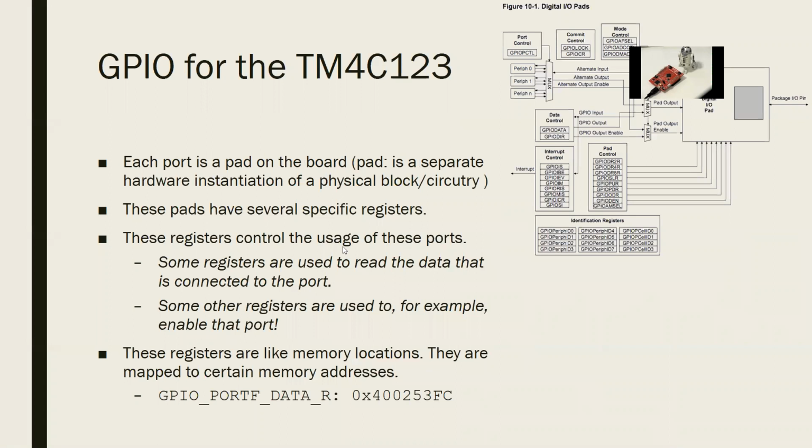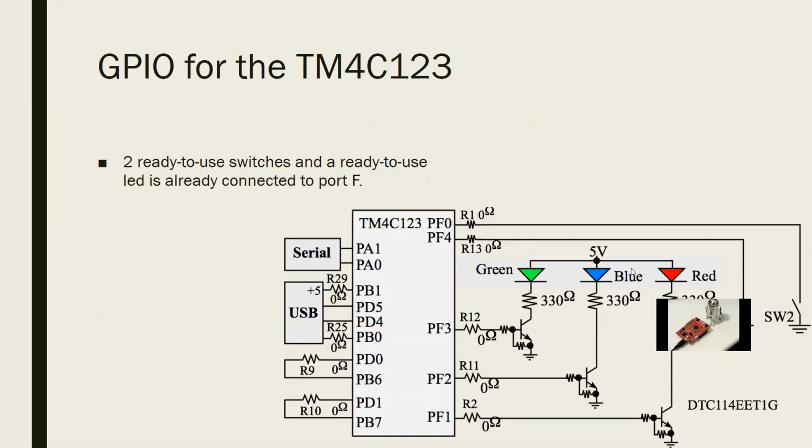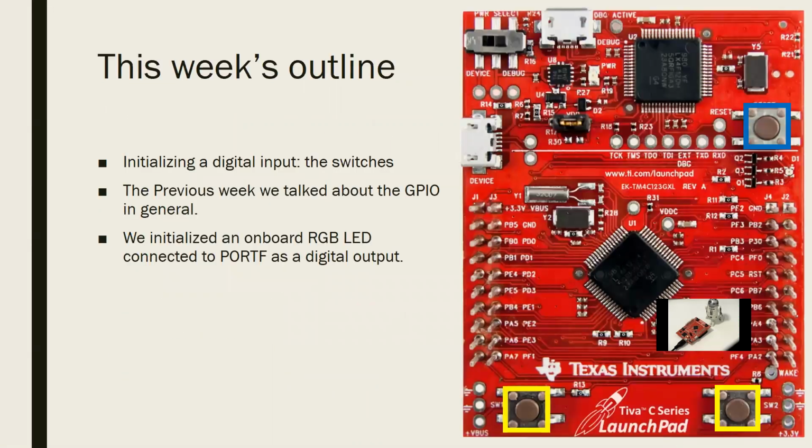Now, there's one thing that we should definitely remember and talk about: these ports are separate circuitries on the device. So here on the device, this is the microprocessor. It has the arithmetic logic unit somewhere. It has registers somewhere, very small.